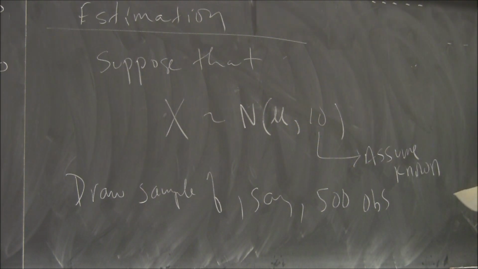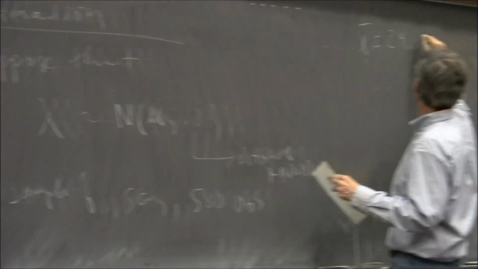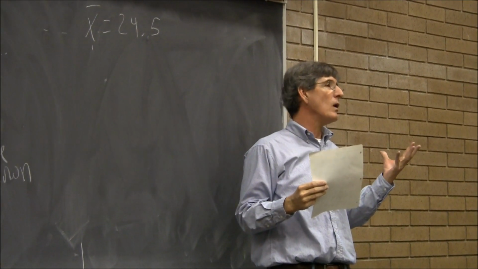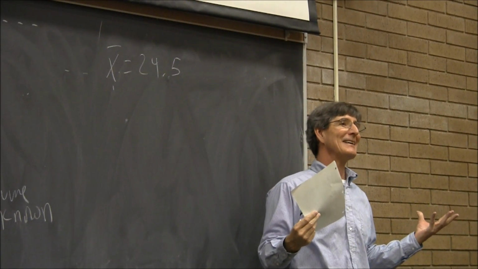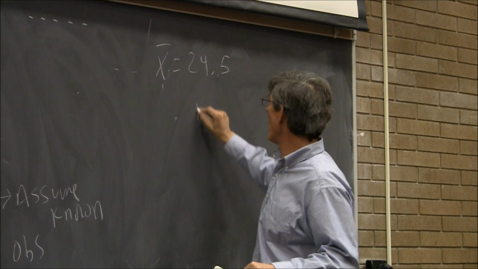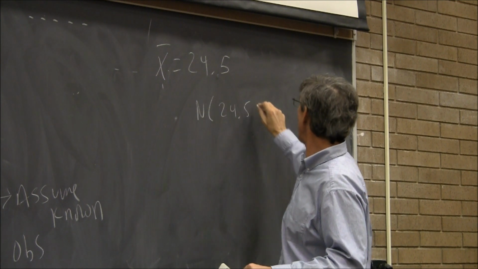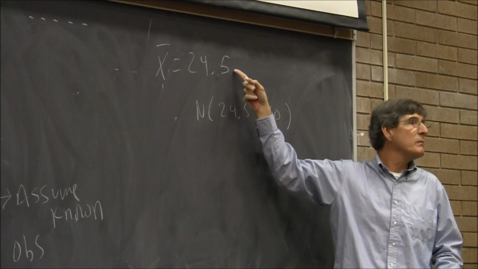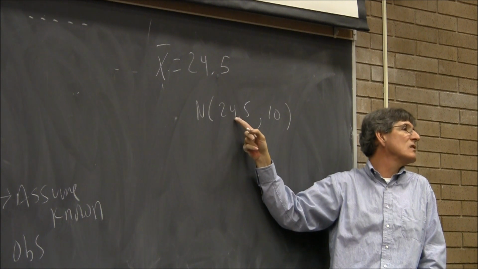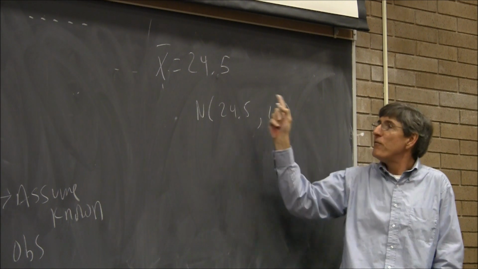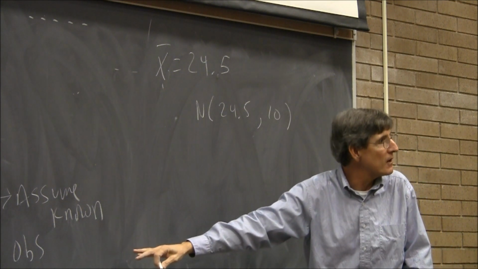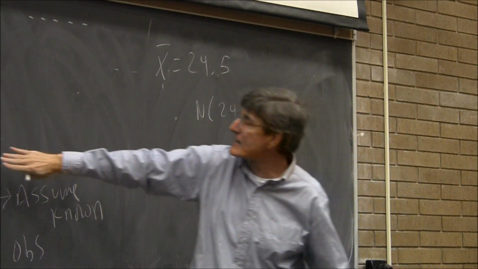Well, let's suppose that we calculate x bar equals 24.5. What's the most likely distribution that this data came from? My guess is a normal with mean 24.5 and a variance of 10. If that's the mean in the data, this is the most likely distribution to have produced it. So you find the distribution most likely to have produced the data you observed. Now I could have left the variance out. What would I do then?